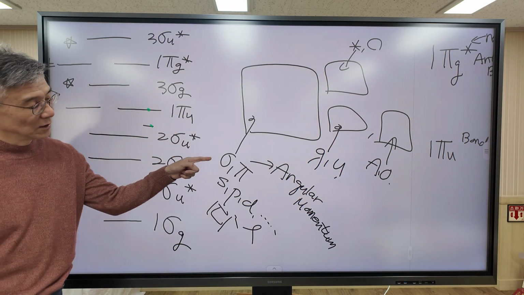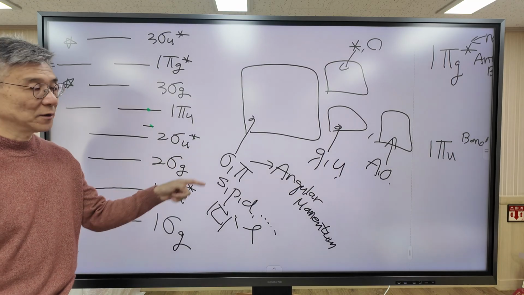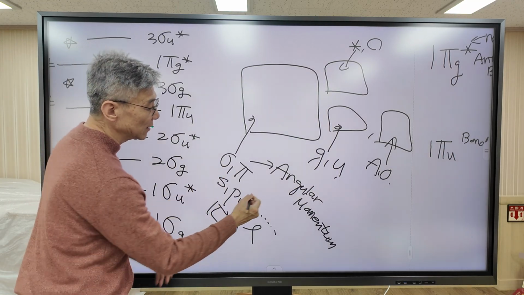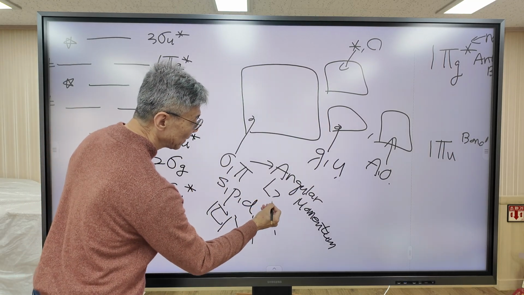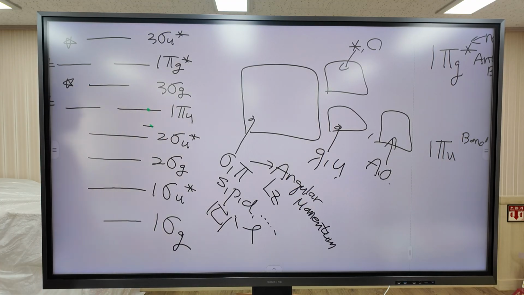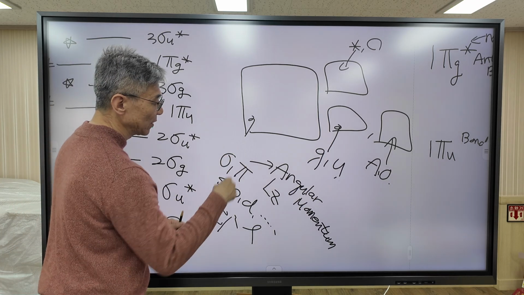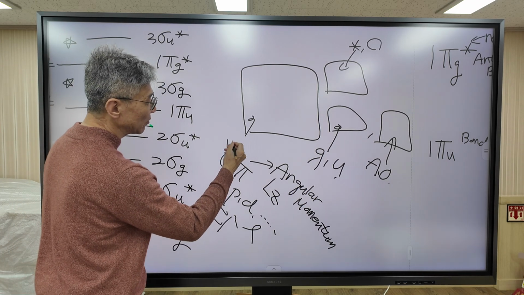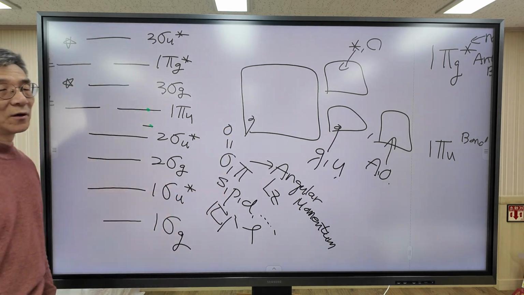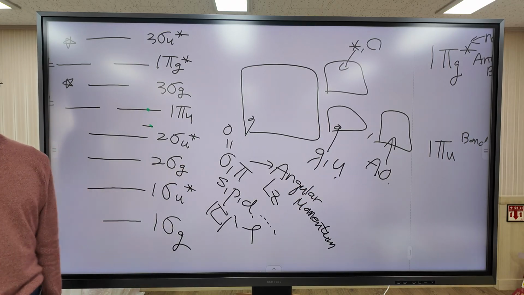But in this case, for a molecule, this one is related to the z component of angular momentum, not L. So for a sigma orbital, the z component of angular momentum is 0. Then this orbital is called a sigma orbital.